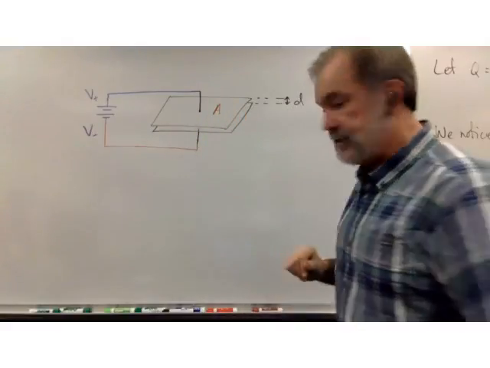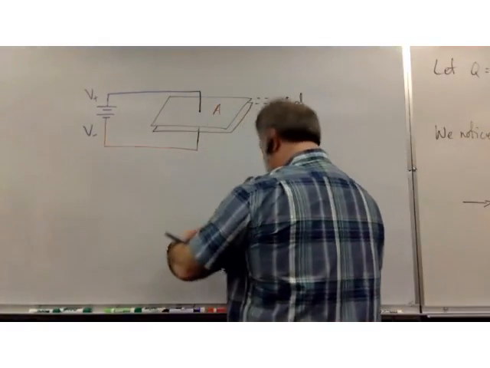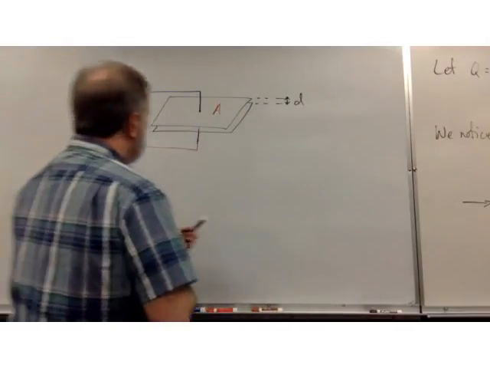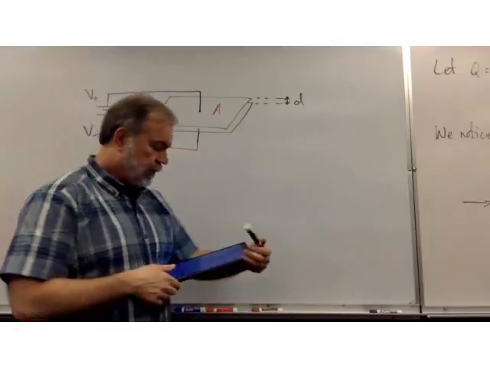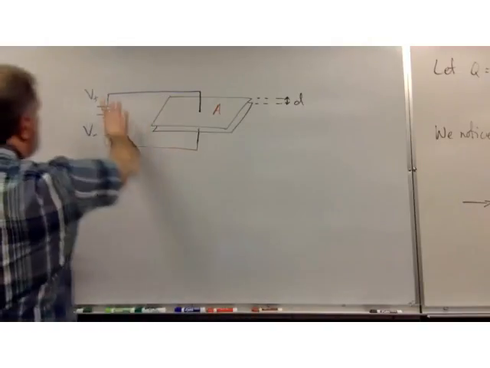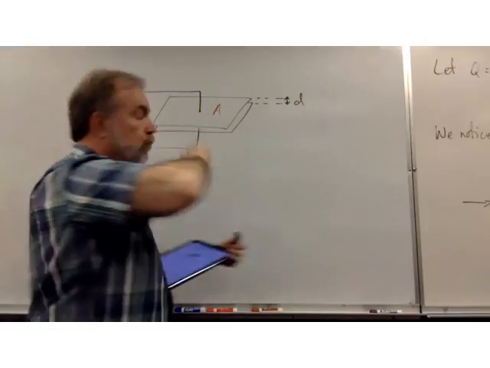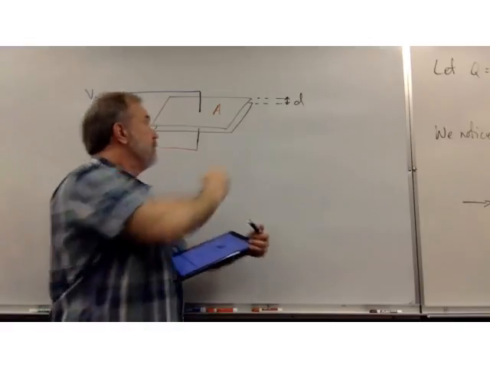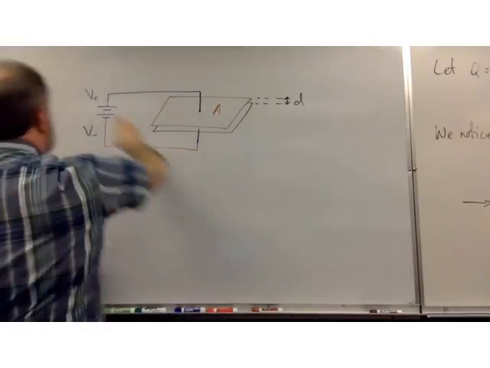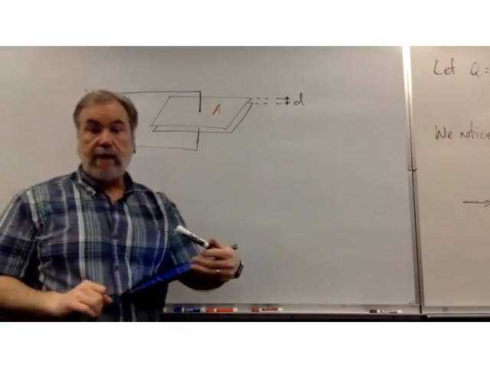Okay. So the goal here is to calculate the algebraic expression that allows us to calculate the capacitance of this capacitor. The strategy that I'm going to employ is to recognize that the potential difference that the battery creates, once the capacitor is fully charged, the potential difference across the plates, as I've said before, is equal to the potential difference created by the battery.